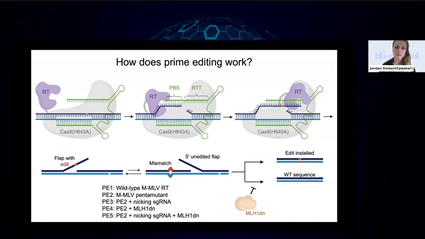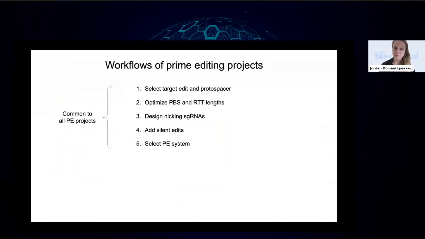So how do we use them? There are so many different things that you can do with prime editing, but no matter what your application is, you're going to start with these 5 steps that are common to basically any prime editing project. You'll start off by selecting your target edit. You'll find protospacers that can target that edit. You'll optimize your PBS and RT template lengths, find nicking guides, and then select one of the PE systems that we just talked about.